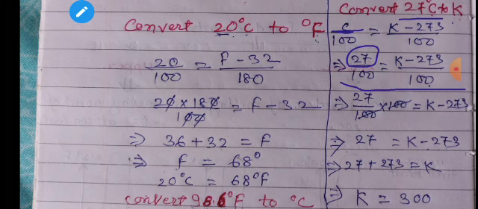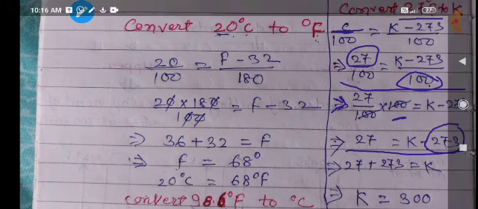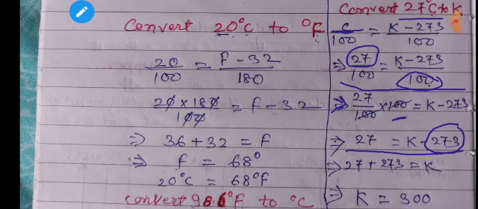So in the next step, students, if we take this 100 to the LHS, it will get multiplied, and by cancelling the common factor, we finally get 27 is equal to K minus 273. In this case, this one is in minus.